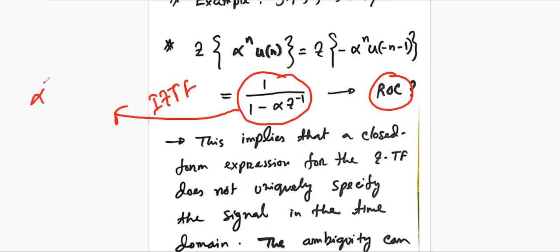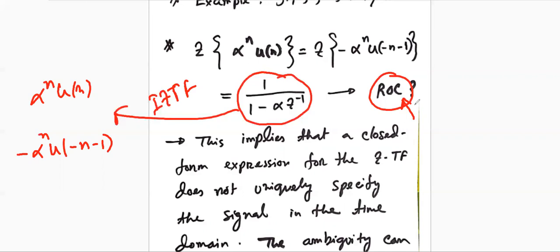One is alpha to the power n un, and another one is minus alpha to the power n u of minus n minus 1. So in which direction should you go? How can you find that? Then you need the ROC.